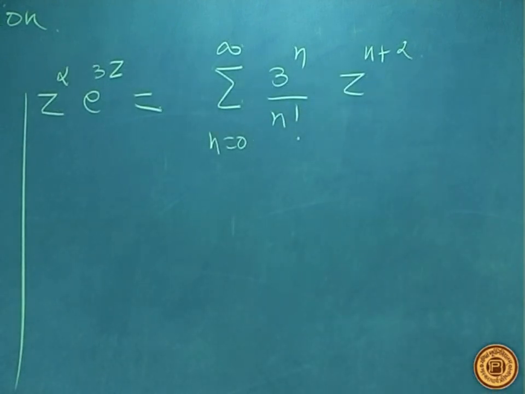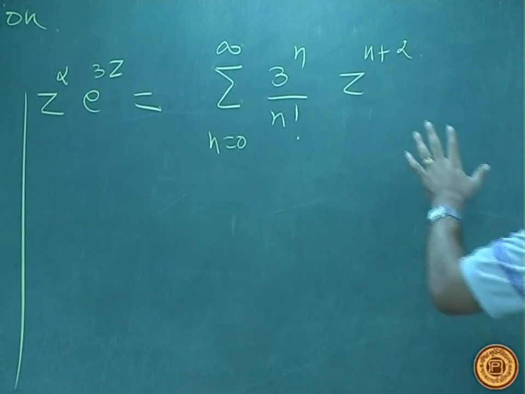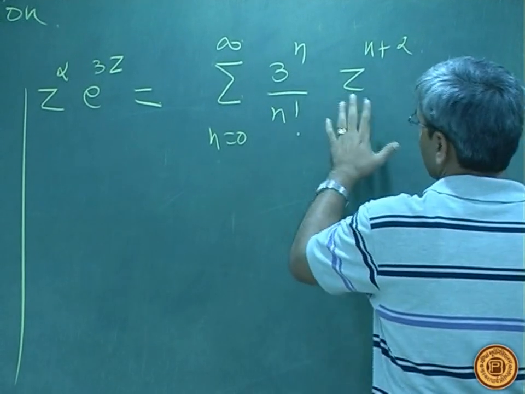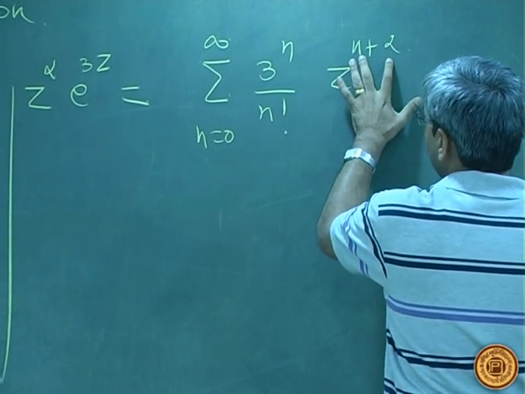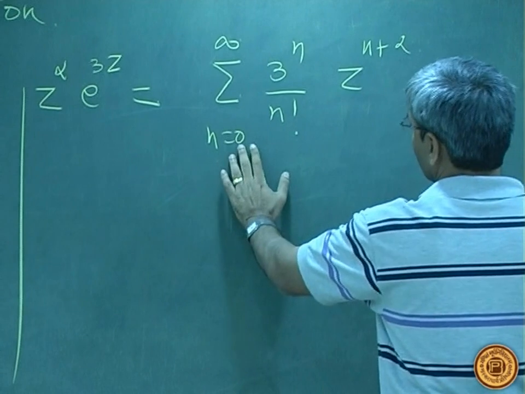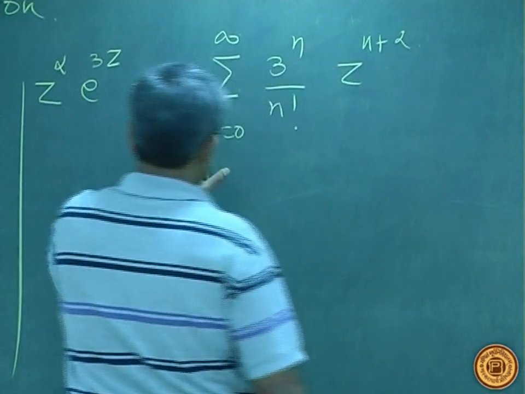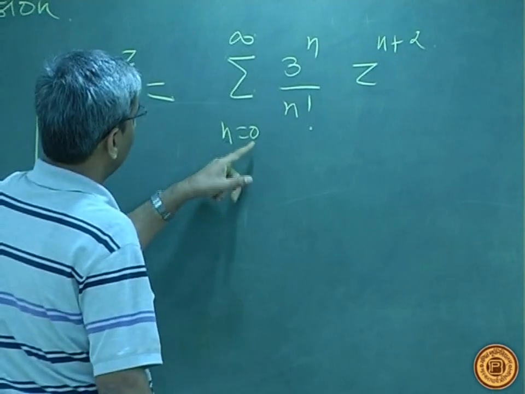Now if you strictly want it in terms of z power n, then you can shift this. You replace n plus 2 by n, so you get n minus 2 factorial, but this sum will vary over n minus 2. So n minus 2 equal to 0 means n from 2 to infinity.